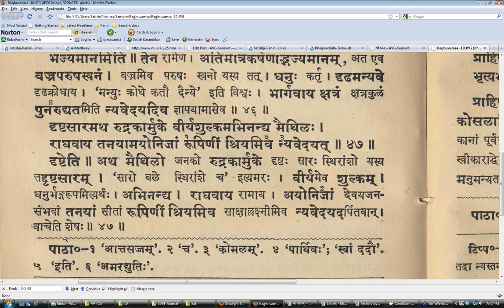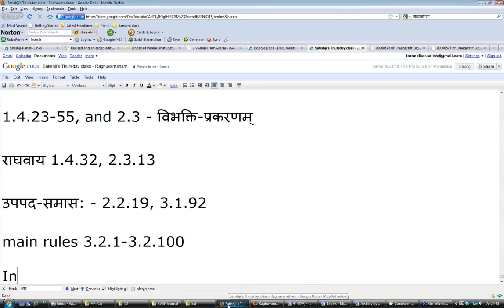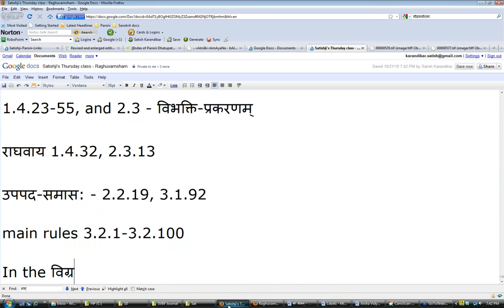But if you had it, your job would be even easier, because in the Vigraha Vakyam of Upada Samasa there will be a Tingantam Padam, which will not be there in other compounds.